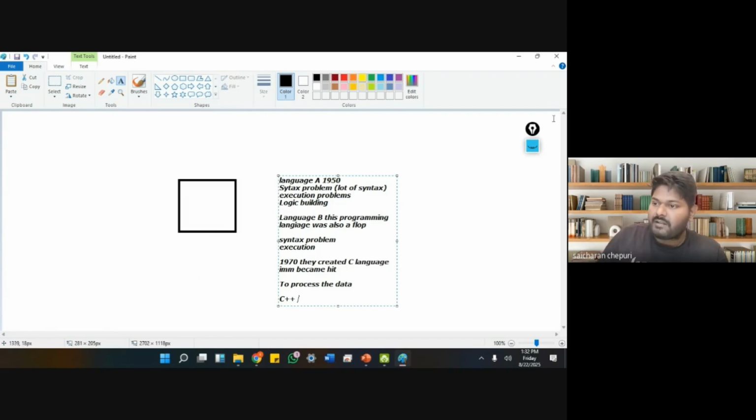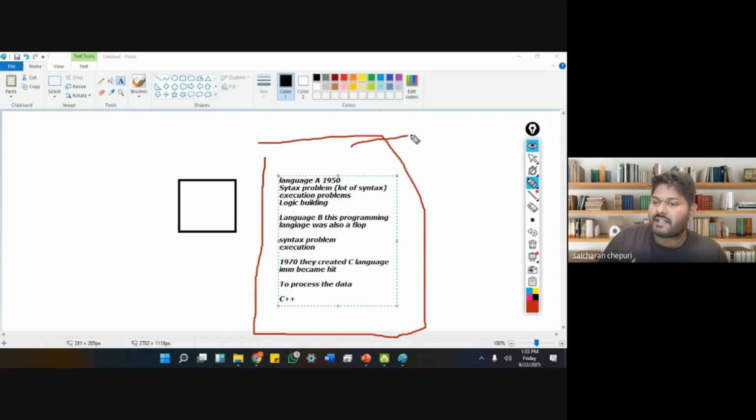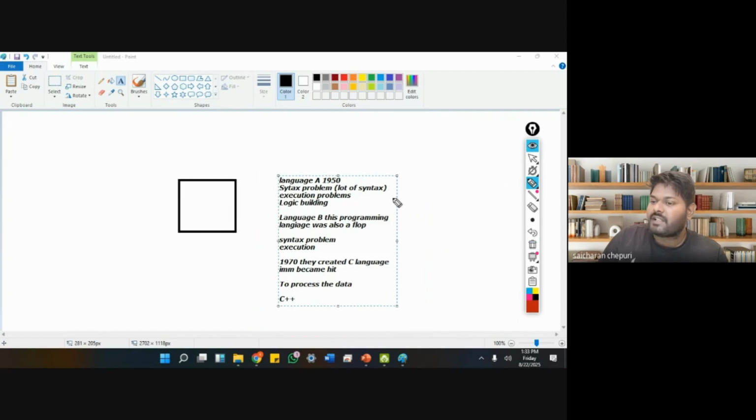Now, what all these languages are doing, I want you to carefully understand this point. All these languages are only processing data, right? So 10 plus 20 we are giving, and it is giving us 30. Everything is working fine and processing is doing greatly, right? But what is the problem here? Now, for example, the 30 is actually shown on your screen. Now, if you shut down your computer and come back again, the 30 is gone.